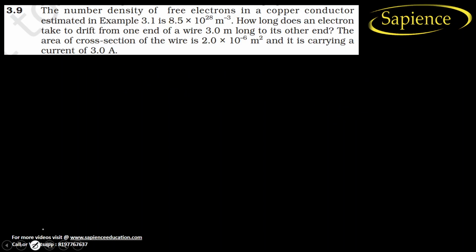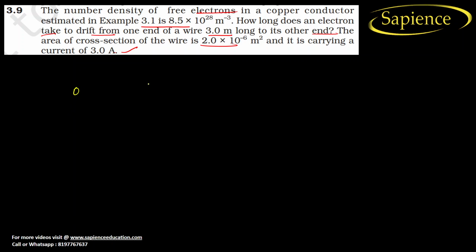The next question is saying that the number density of free electrons of a copper conductor is given. How long does an electron take to drift from one end of a 3 meter long wire to the other end, if the area of cross section and the current are given? So let's draw this condition.